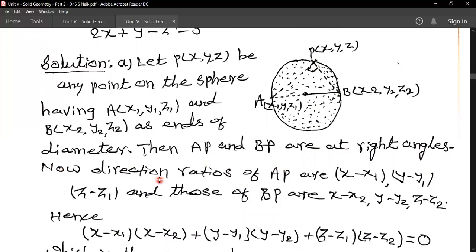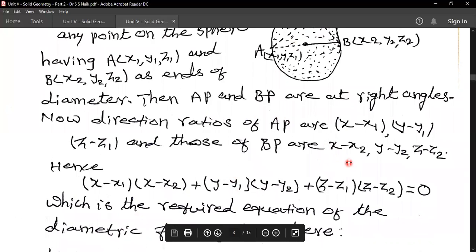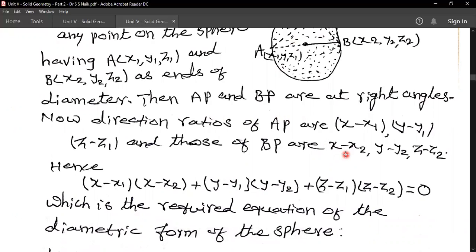Now the direction ratios of AP are the differences between the coordinates, that is x minus x1, y minus y1 and z minus z1, and those of BP are x minus x2, y minus y2 and z minus z2.